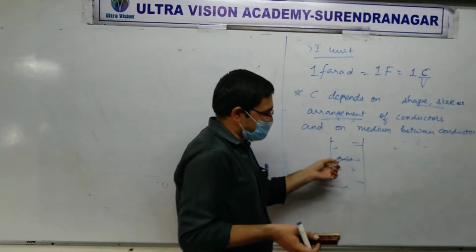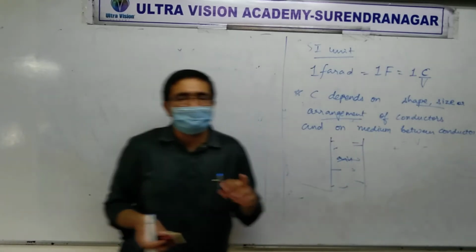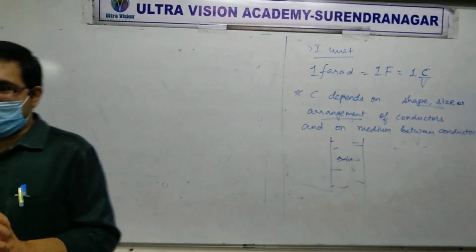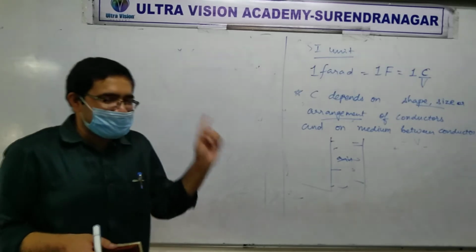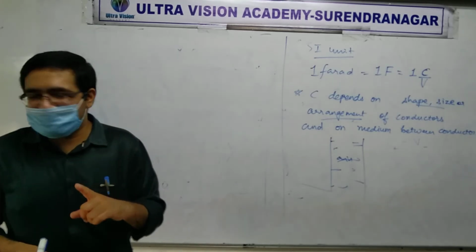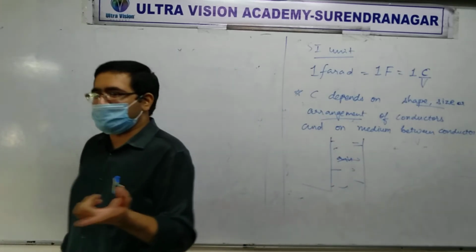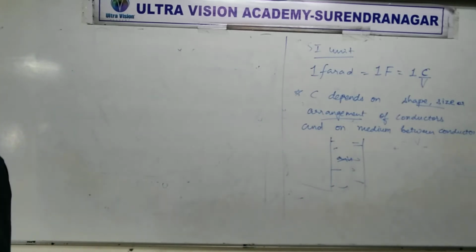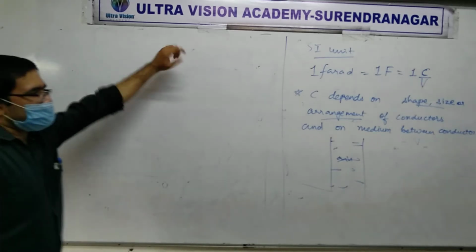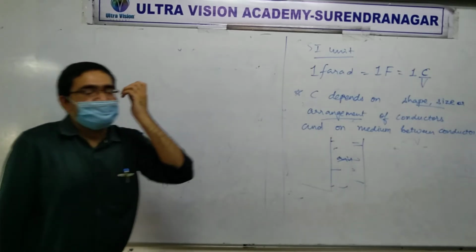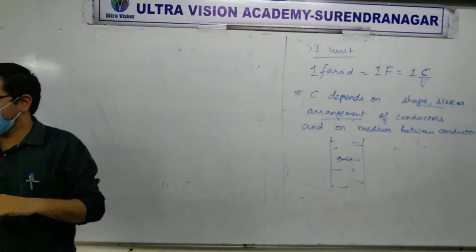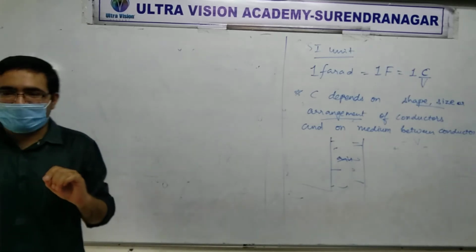But it does not depend on Q and does not depend on V. Don't be fooled by that formula because actually C is a constant of proportionality. So that's the basics about capacitance.